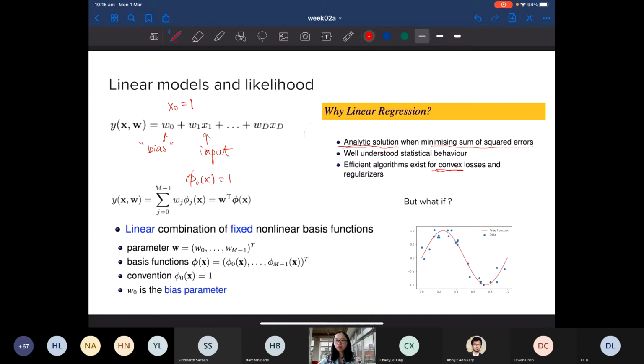So the geometry of padding 1 is as follows. Suppose we have x's living in 2D space, x1, x2, and there are two groups of points, like this, the green point and the red point, right?